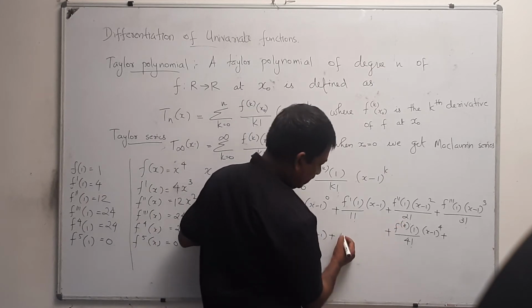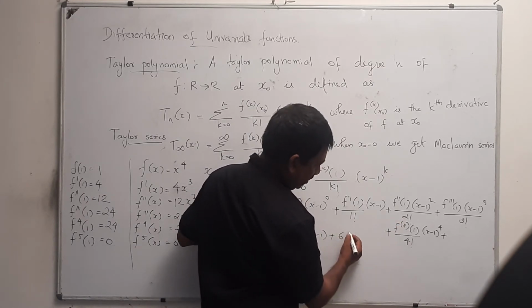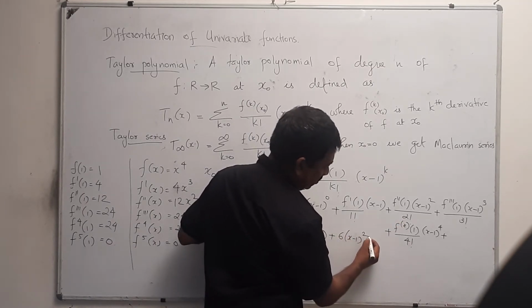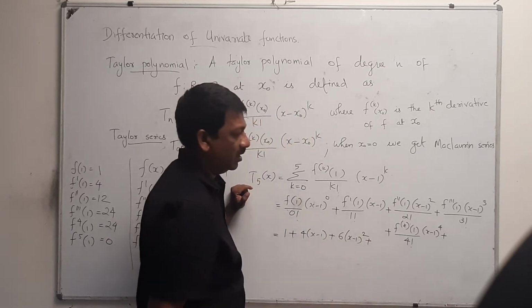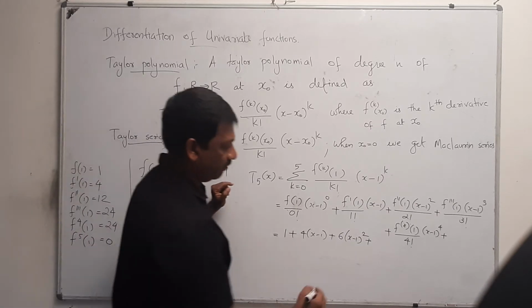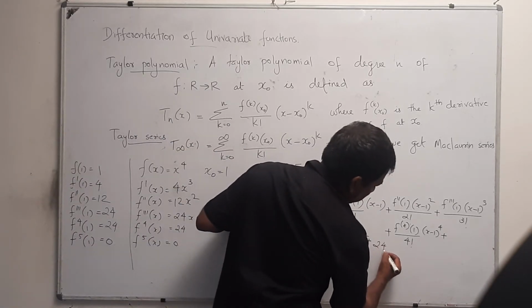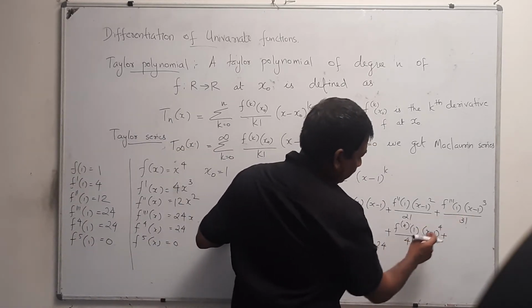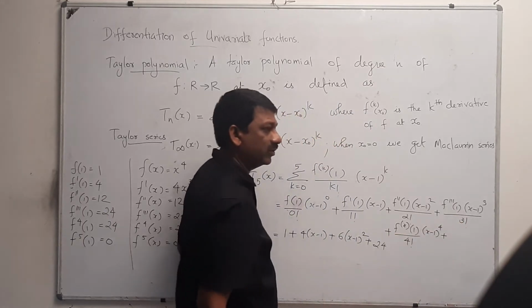12 by 2 factorial is 6 into (x minus 1) the whole square, plus, what is f3 dash 1? f3 dash 1 is 24. So 24 by 3 factorial is how much? 3 factorial is 6.